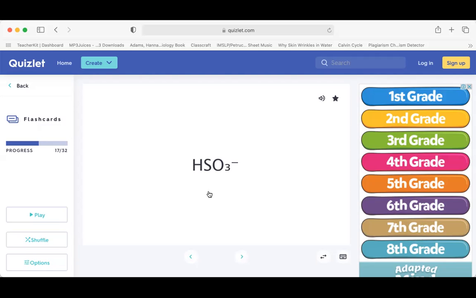HSO3 minus, bisulfite, because it's SO3. SO3 is sulfite. No, okay, that one's just wrong, sorry. Nope. OH minus is hydroxide. Don't have to know that one.